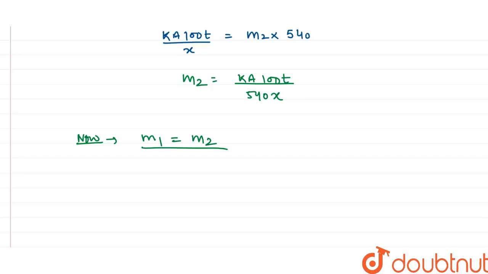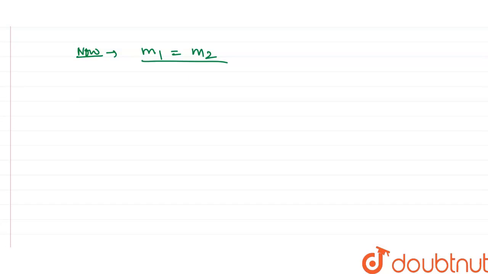So equate M1 and M2, we will finally have KA 200t upon 80 into 1.5 minus x, equals KA 100t upon 540x. t cancels out, KA cancels out, zeros cancel out.